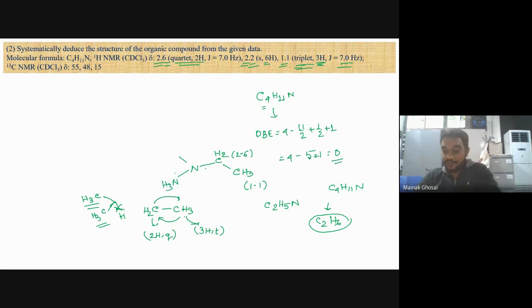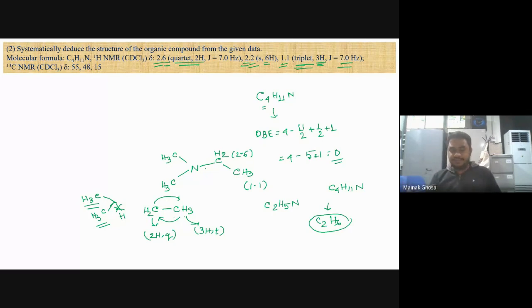So most probably this is the structure: N,N-dimethylethylamine, right?